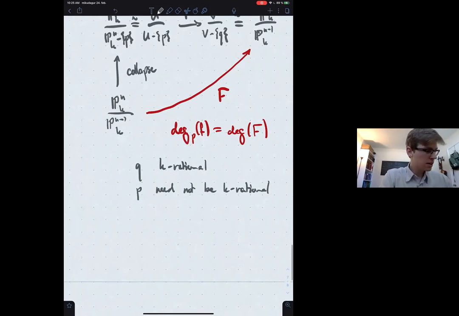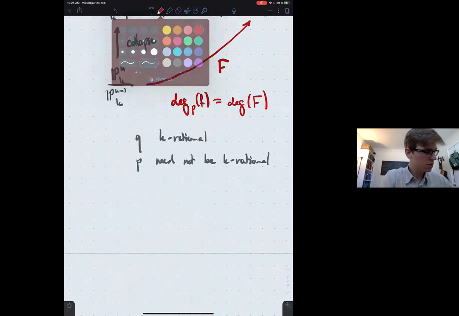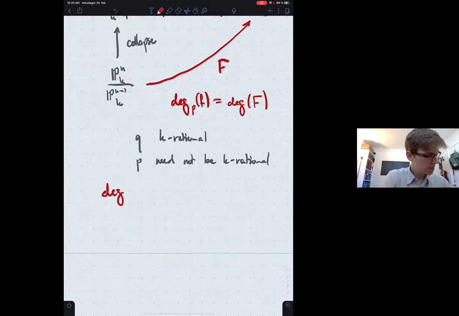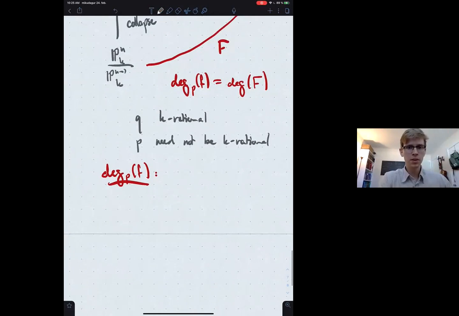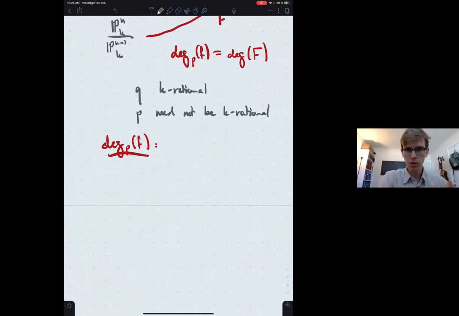Okay, so let's actually compute this degree. So the general setup: I mentioned that these neighborhoods we can basically think of as affine neighborhoods.